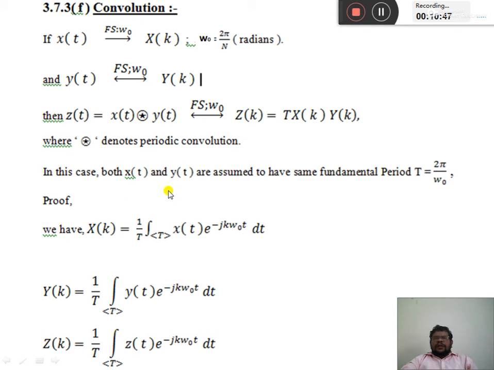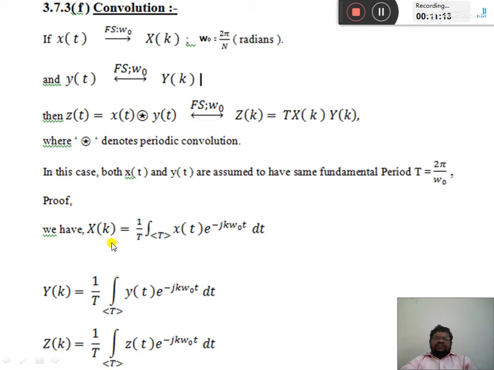Okay. Convolution. If it is convolution in the time domain, in the frequency domain it will be multiplication. In this case, both x of t and y of t are assumed to be periodic with the same period, because throughout this session we are discussing periodic signals only, so that capital T is equal to 2 pi by omega naught.